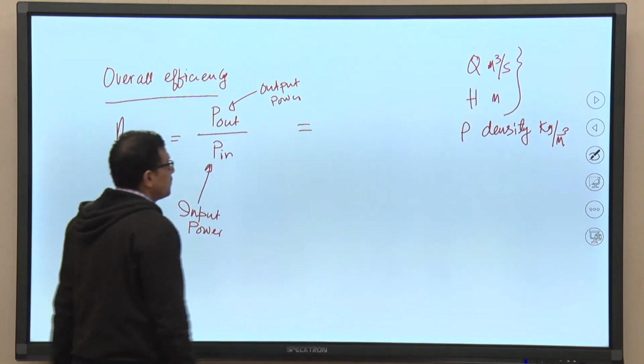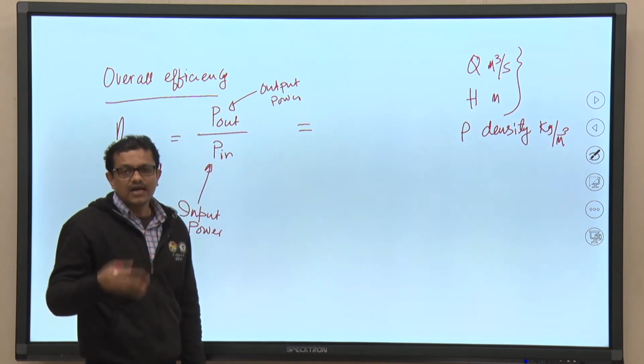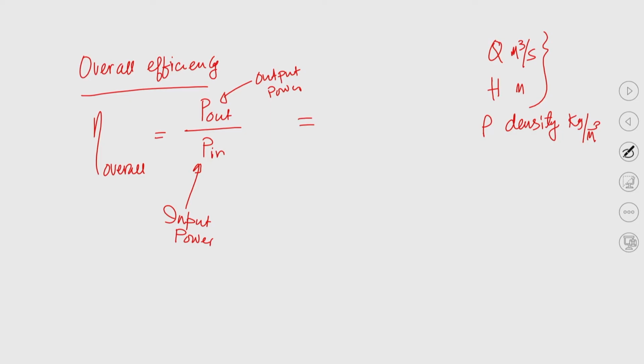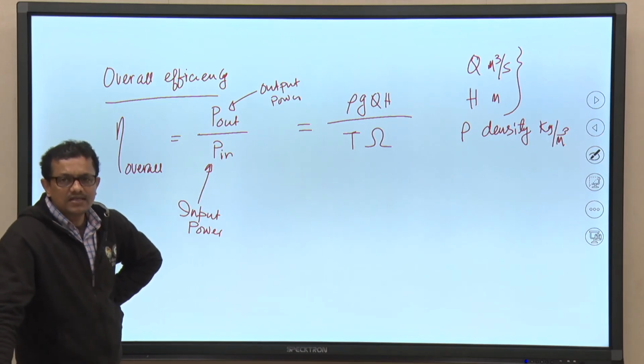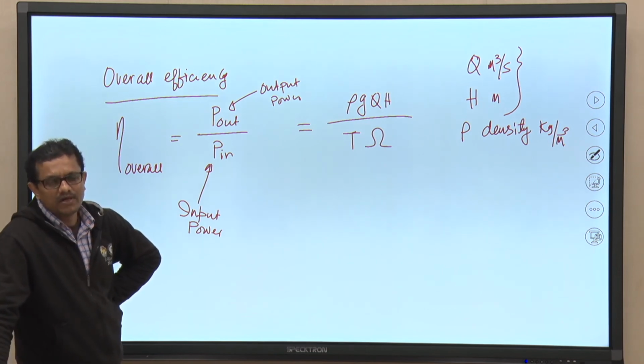Now the output power, if the discharge at the outlet of the pump is Q and density is rho, is rho g Q H, that we know. What is the input power? Say the pump is rotating at an angular velocity omega and torque is T. So that is T into omega, that is what we have seen in the discussion of the derivation of the Euler equation of turbomachines.